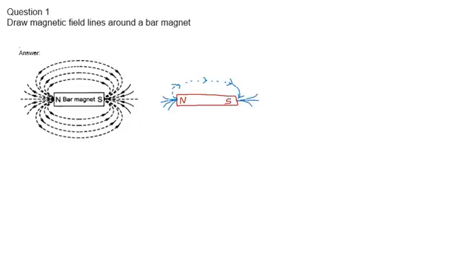You have to draw the proper arrow marks, how they are going out, and at the south pole they are coming inside the south pole, right? Similarly you have to draw a few more lines over here. From the north pole they are emerging out, and at the south pole they are merging inside. So this is how you have to draw the diagram of magnetic field lines around the bar magnet.